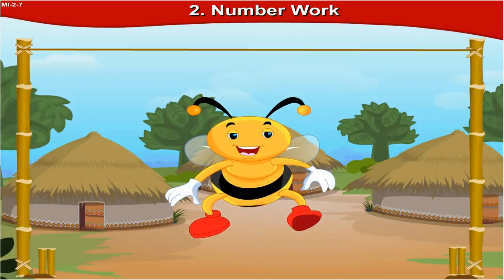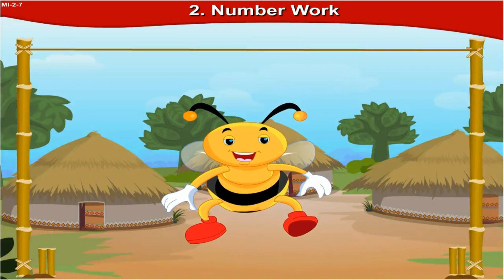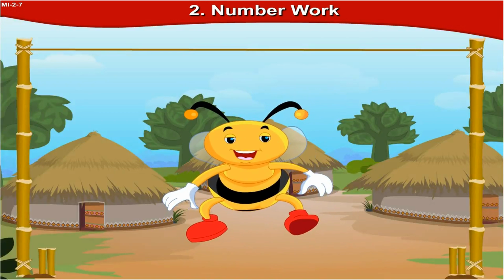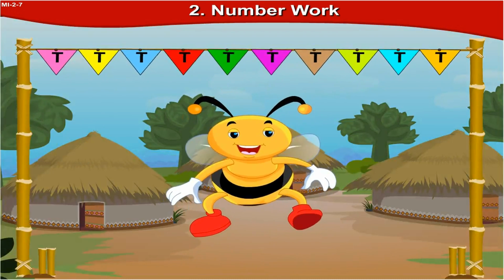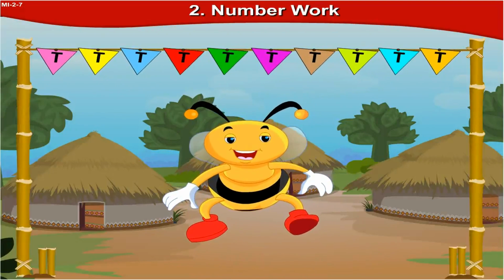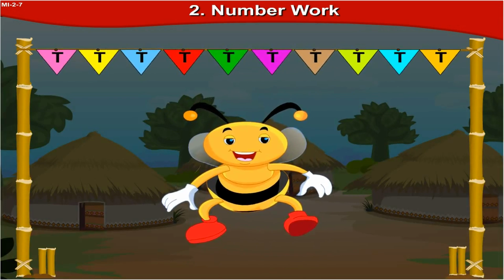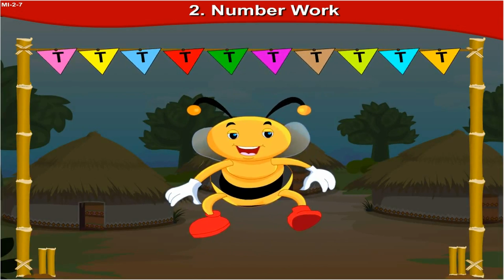Now let us revise the concept of hundreds. For that, we will use the picture of crackers. You love crackers, right? But do you know that they pollute the environment? Alright.